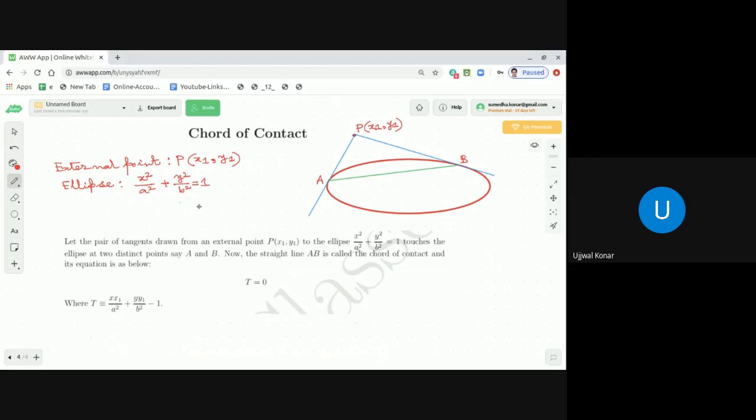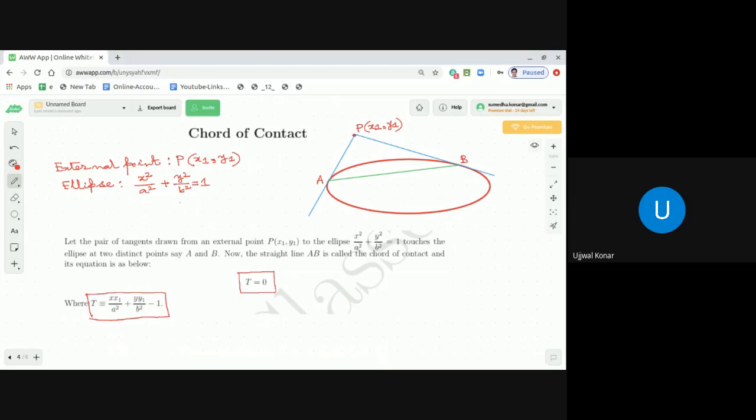It is just a symbolic representation to remember it. So what is the equation of that chord of contact? It is T equal to 0, where T is nothing but the value of the expression x1 by a square plus y1 by b square minus 1.